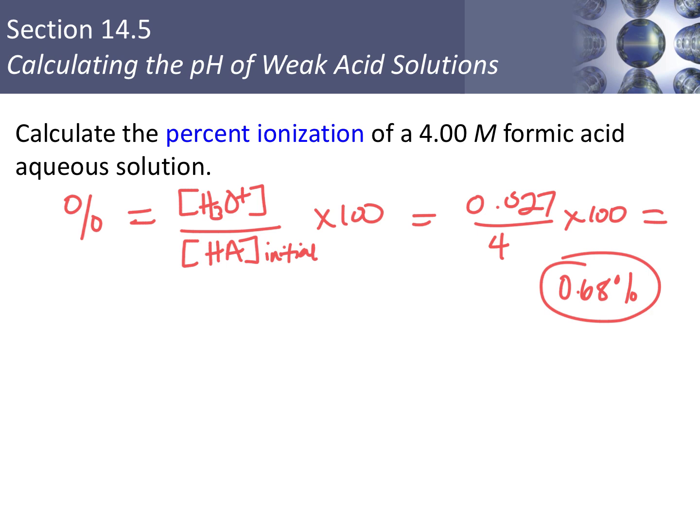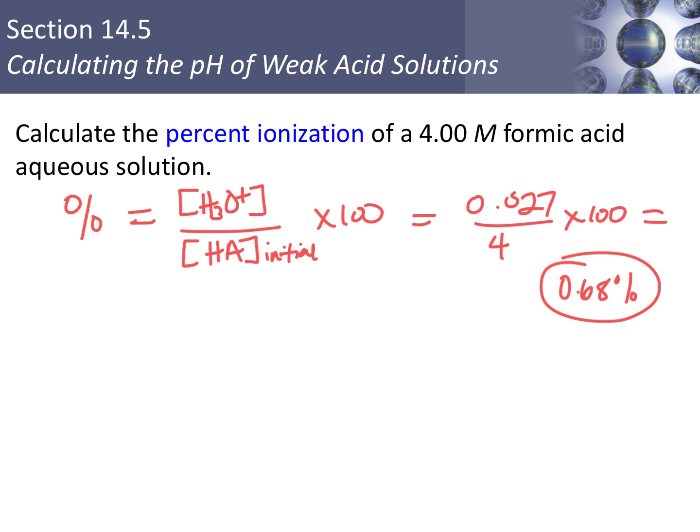And if you're thinking, isn't this the same thing we do to double check with the 5% rule on an ice chart? You are absolutely correct. So we are actually calculating two things at the same time, the percent ionization or dissociation, and we were double checking our math shortcut with the 5% rule.